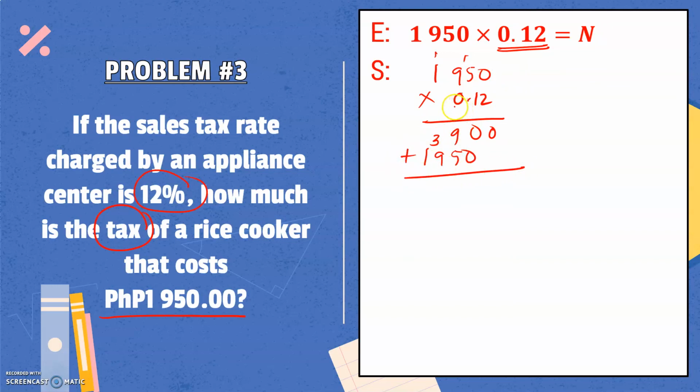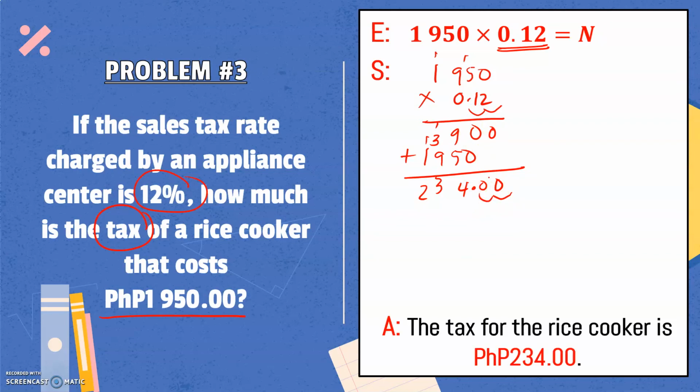Since the next digit is 0, we'll just stop multiplying and add our partial products. We have 0, 0, then we have 14, we have 13, and 2. In our factors, there are 2 decimal places, so in our final answer, we should also have 2 decimal places. Therefore, the tax for the rice cooker is 234 pesos.